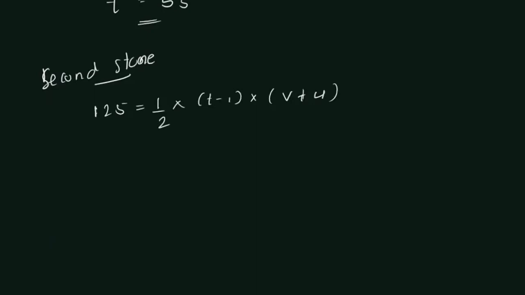Now this is 250 equals t minus 1 times v plus u. T is 5, and 5 minus 1 is 4. So v plus u is equal to 250 divided by 4. This is one equation.